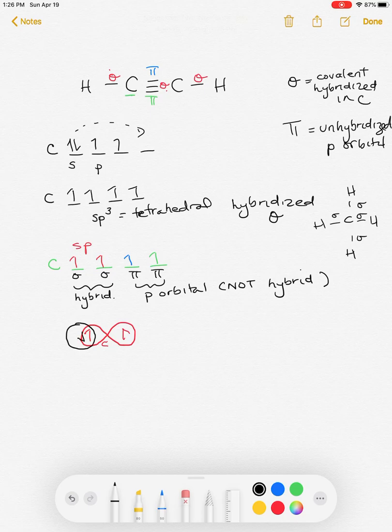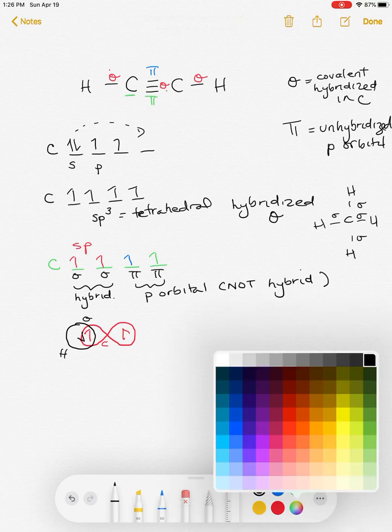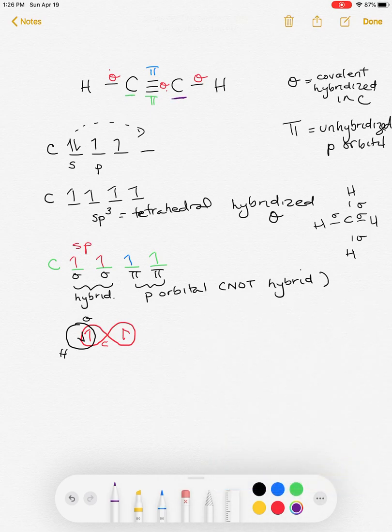So there's the overlap. There's my hydrogen. This is a sigma. Okay. So then I also have, I'll make this carbon purple. Okay. So here's my other sigma bond with my other carbon. So essentially, what have I done? I've talked about this sigma and this sigma.